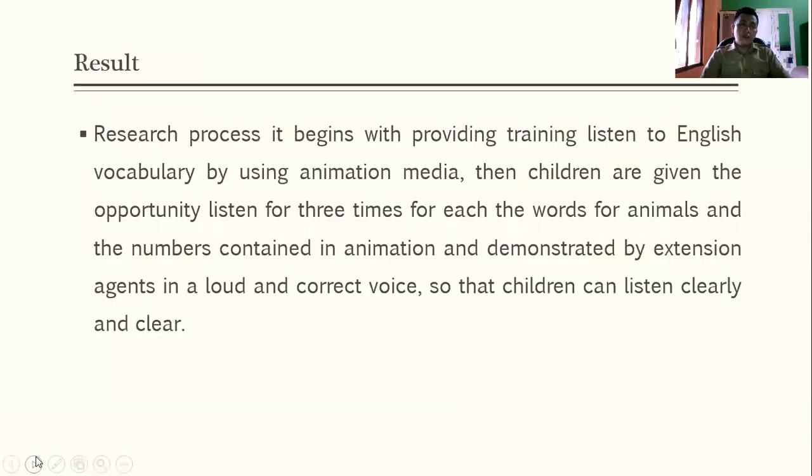The research process began with providing training in listening to English vocabulary using animation media. Children were given the opportunity to listen three times to each word and number contained in the animation, demonstrated by the extension agent in a loud and correct voice so that children could listen clearly.